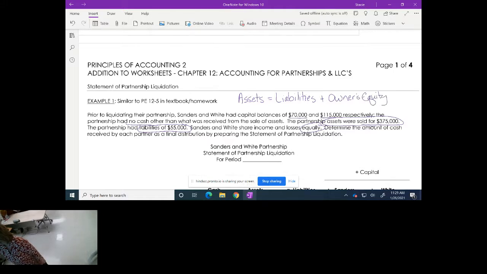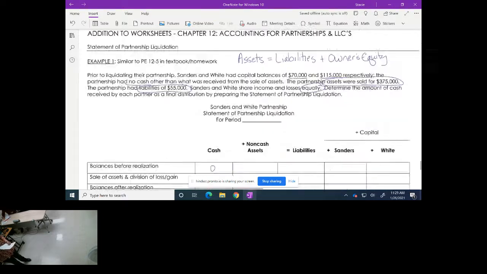And you remember that this side has to equal that side, right? It's like the foundation of accounting. So keep this in mind.